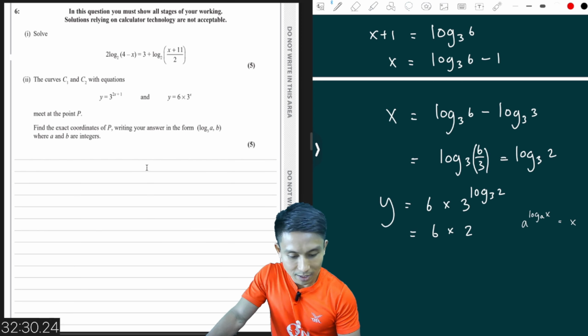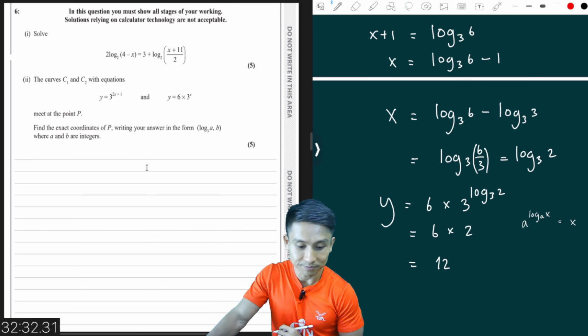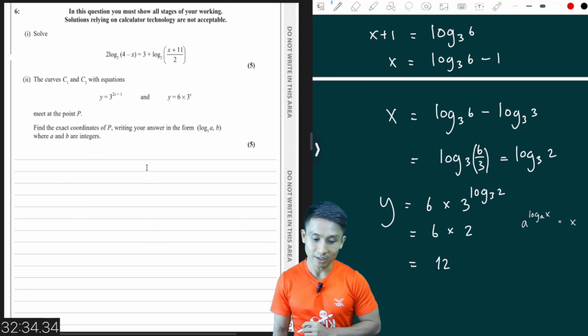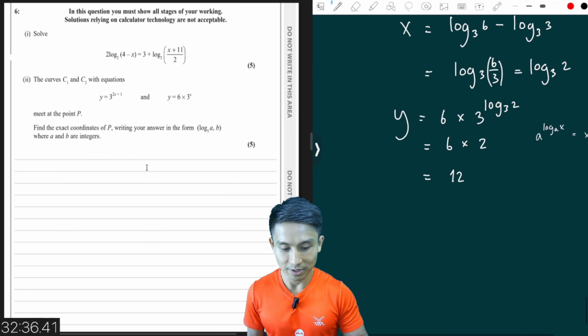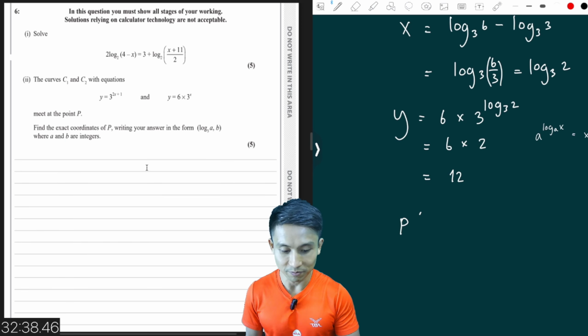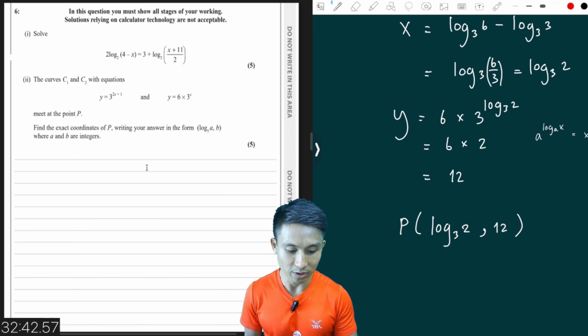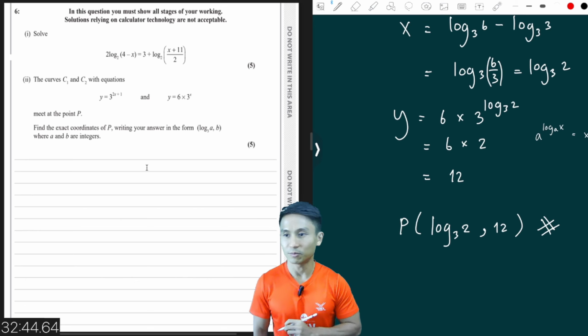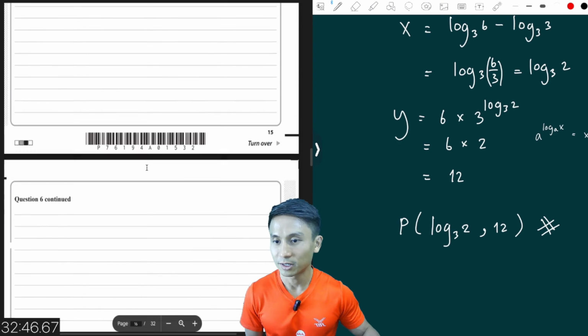Okay, and that means this is 12 then, right? I'm just checking. Yeah, that should be fine. So the coordinates of P would be log base 3 of 2, comma 12. They're both integers. Good.